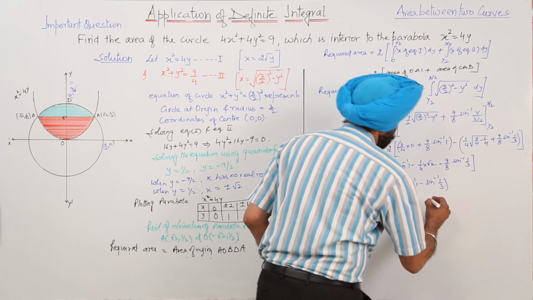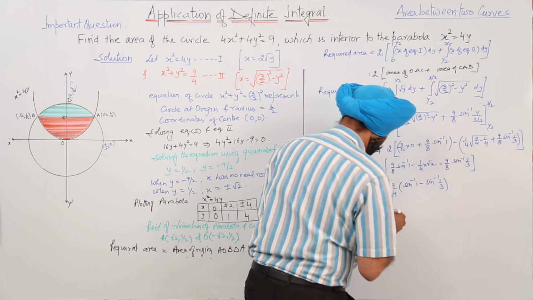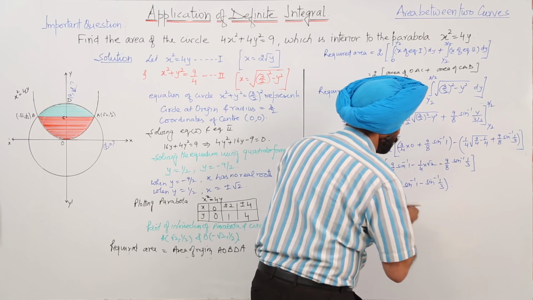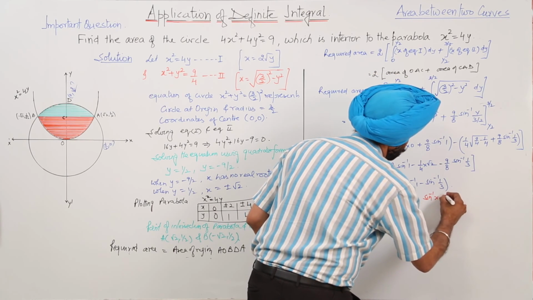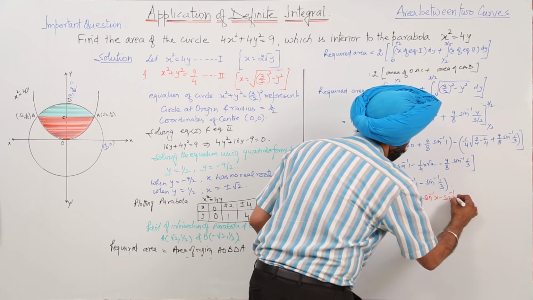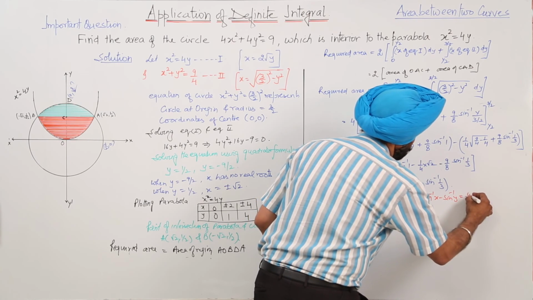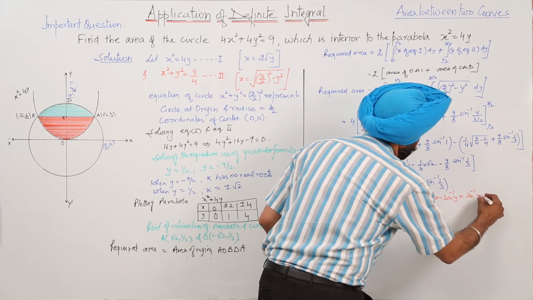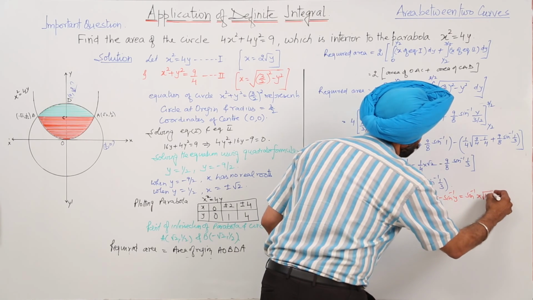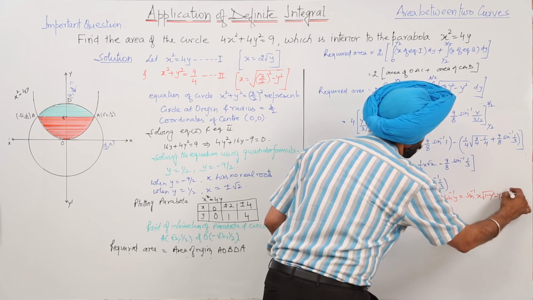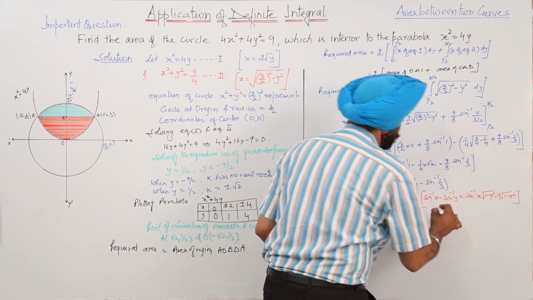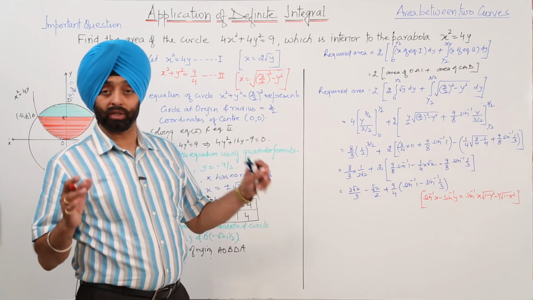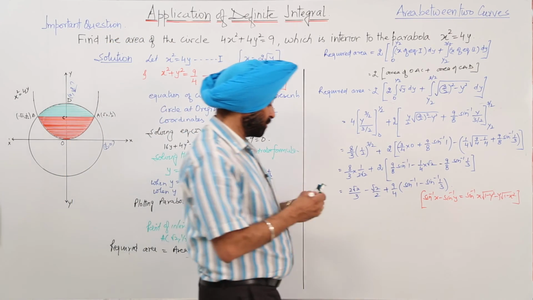Now sine inverse x minus sine inverse y is equal to sine inverse of x square root of 1 minus y square minus y square root of 1 minus x square, if you remember. So this is the formula which we have done in the inverse trigonometric functions. Okay.